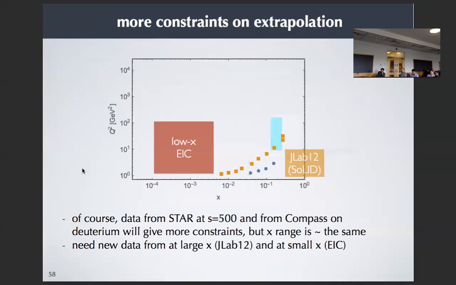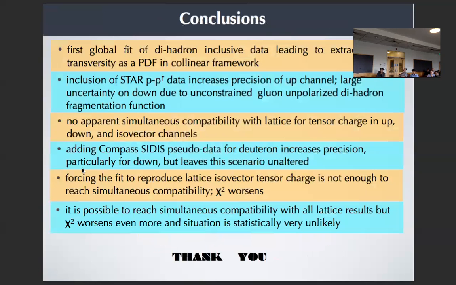Okay, with this I conclude. I showed you the first example of a global fit of di-hadron inclusive data, so in semi-inclusive DIS and proton-proton collisions, that leads to extraction of transversity as a collinear PDF. The inclusion of STAR data helps us increase the precision of the up quark results, while we have large uncertainties for the down quark because of the uncontrolled gluon component of the di-hadron fragmentation function.